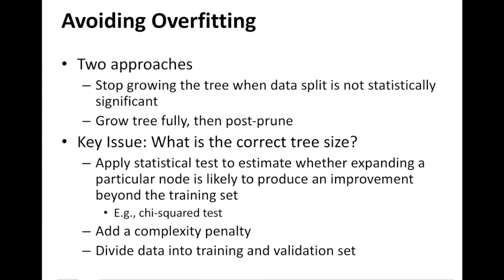You can also add a complexity penalty, penalizing trees that are long and keep splitting again and again. And you can also use a validation set. That's another technique for overfitting, and it's not just relevant for decision trees. We're going to introduce that later in this lecture.